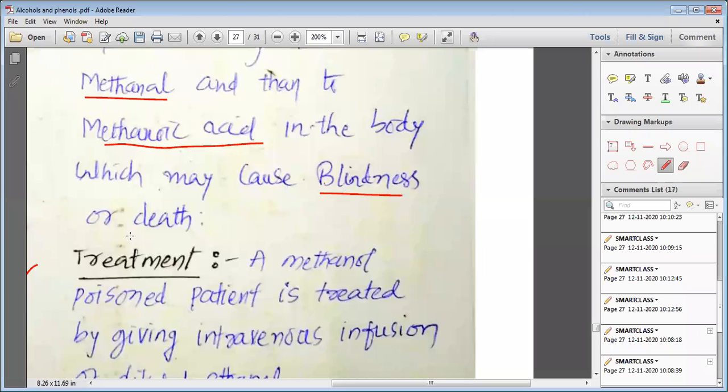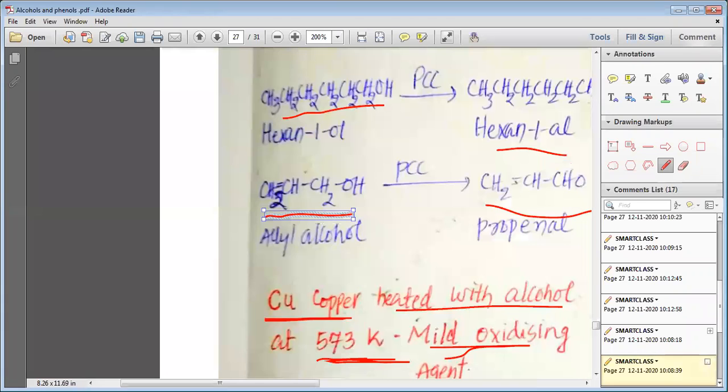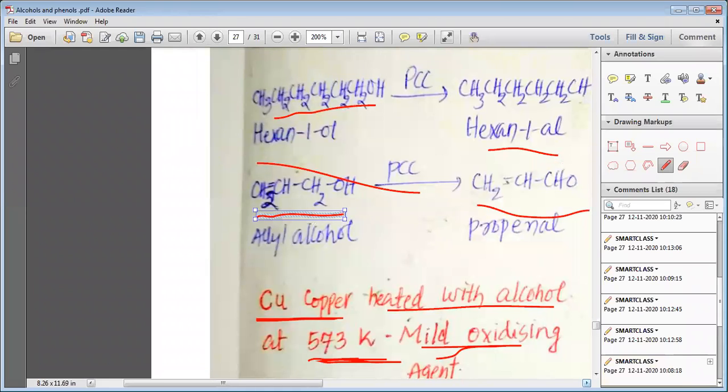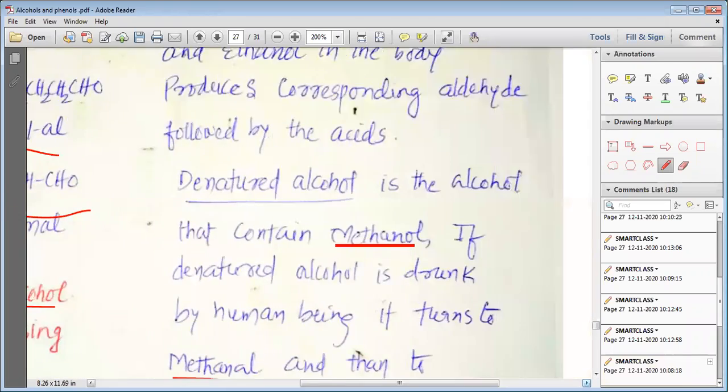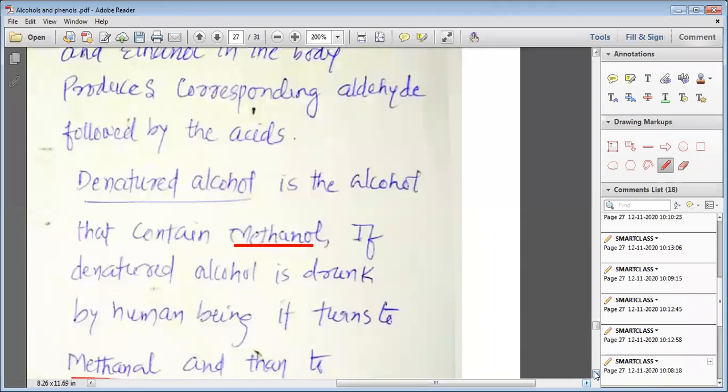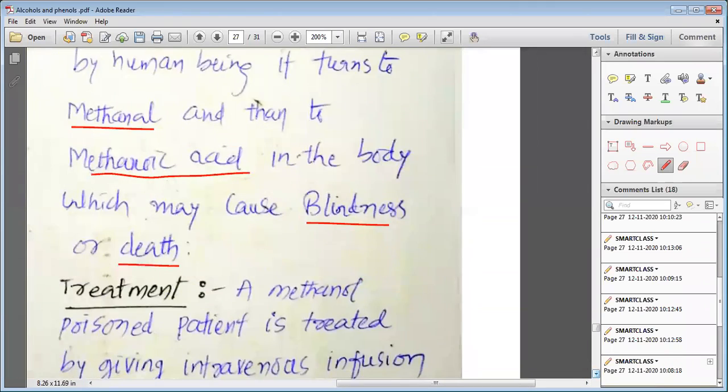So remember, if we drink denatured alcohol, it may cause blindness or death. Please remember this very well, my dear students.